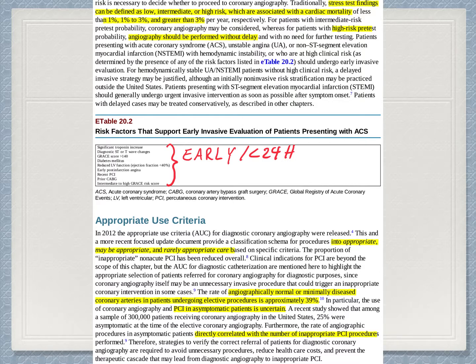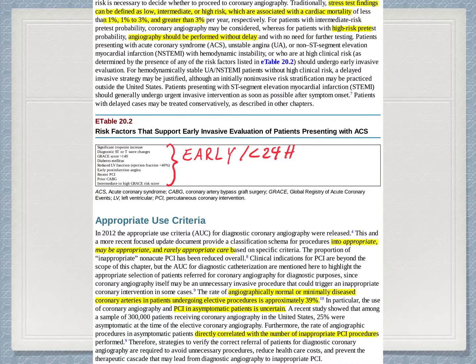In the context of patients with diabetes mellitus, reduced LV function or fraction, here it states less than 40% based on most of the studies, but you know that reduced LV is less than 50% in general. Early post-infarction angina, recent PCI, prior CABG, or intermediate to high GRACE risk score.